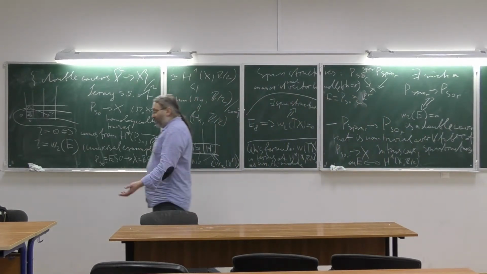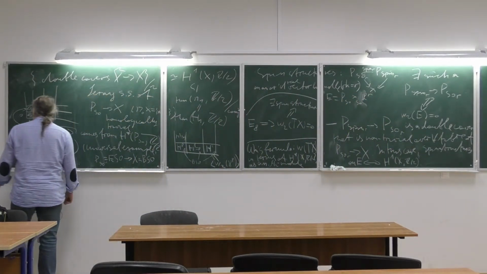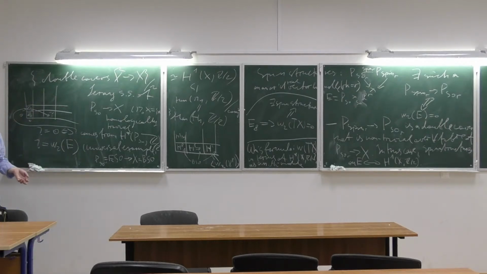If there exists at least one, then all the rest are in bijection with H1 of X mod 2.